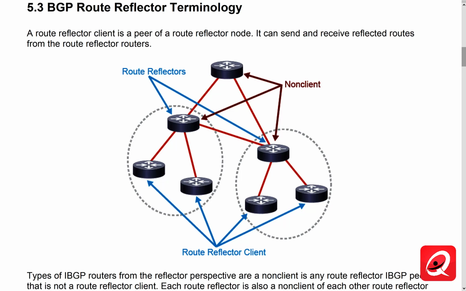So one of the rules to avoid routing loops, and we mentioned this previously when we started this whole discussion, is that any routes that are learned via iBGP should not be advertised to other iBGP peers. So if I learn a route from an external BGP peer, I can reflect or re-advertise that route to an internal BGP peer, but that's the extent of where that routing information can go.